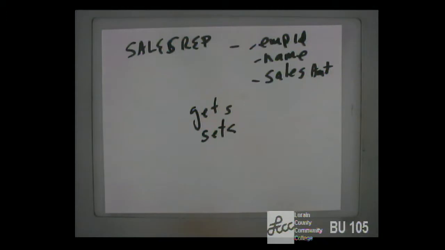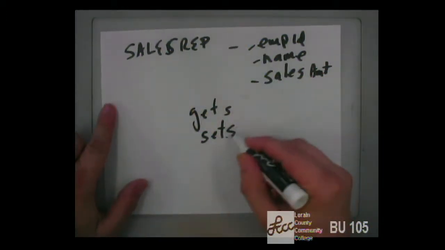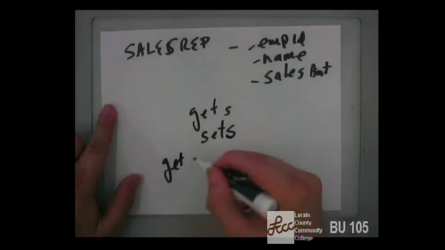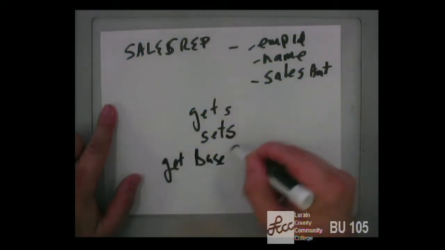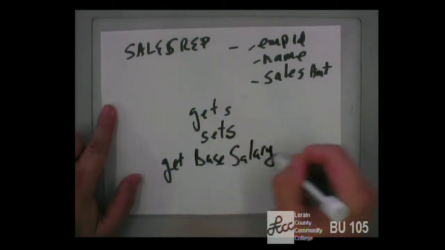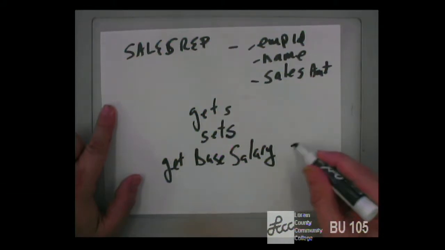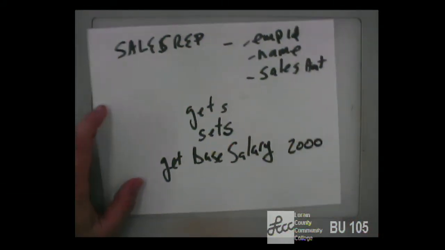Sales reps have a base salary. So they have a method to get base salary, which for a sales rep is $2,000 a month.